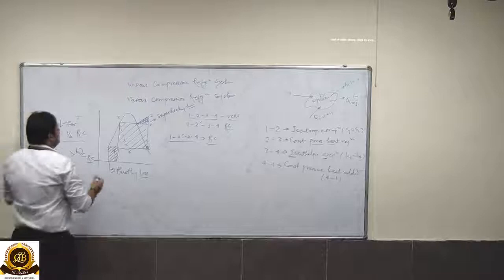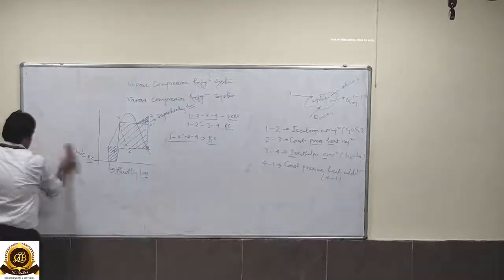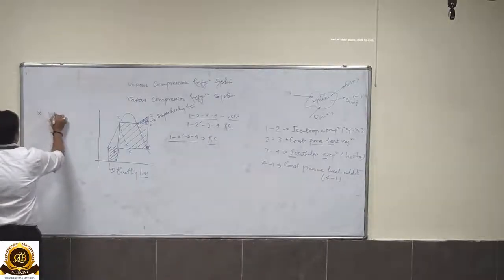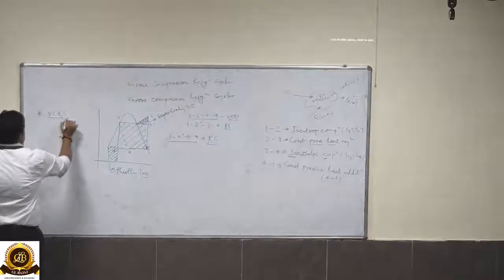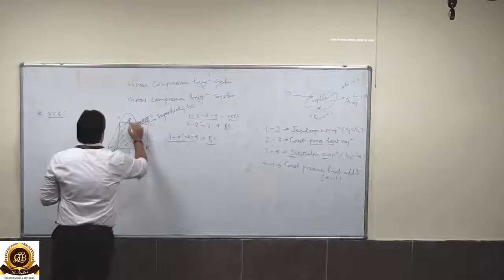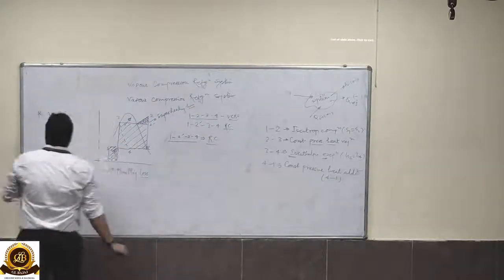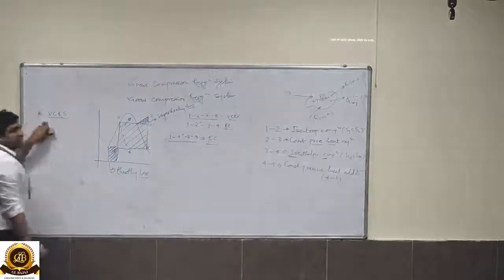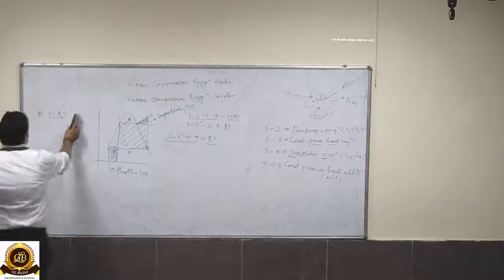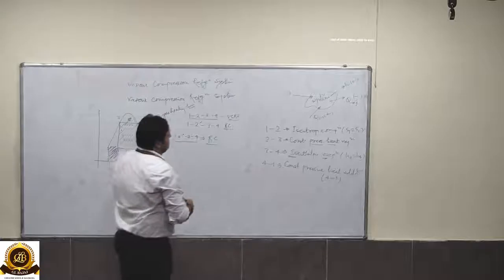Also, in case of VCRS cycle, the heat which is being rejected is also in a larger amount in comparison to the heat which is being rejected in case of reverse Carnot cycle. So this is the comparison part of the vapor compression refrigeration system.